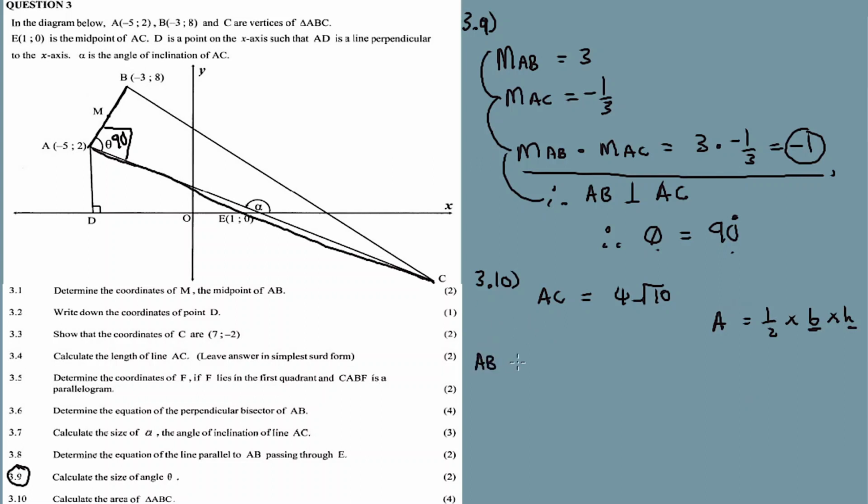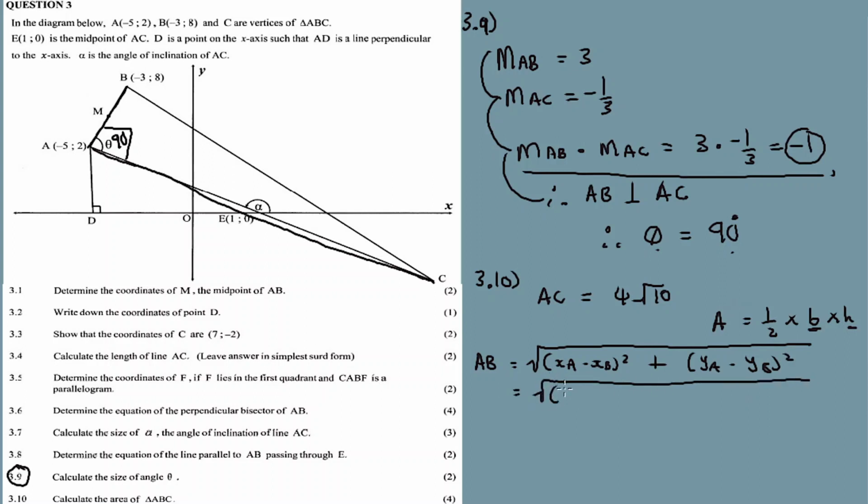So length AB is equal to the square root of XA minus XB squared plus YA minus YB squared. Square root XA ubani negative 5. Negative 5 minus XB negative 3 squared plus valala. YA it's 2 minus YB it's 8 squared.